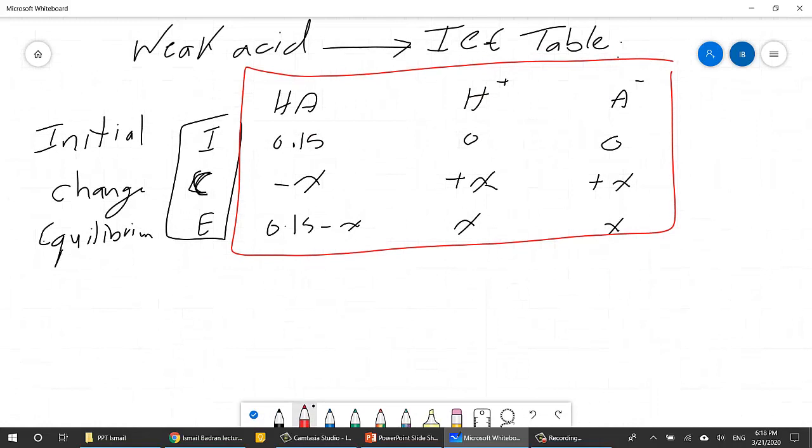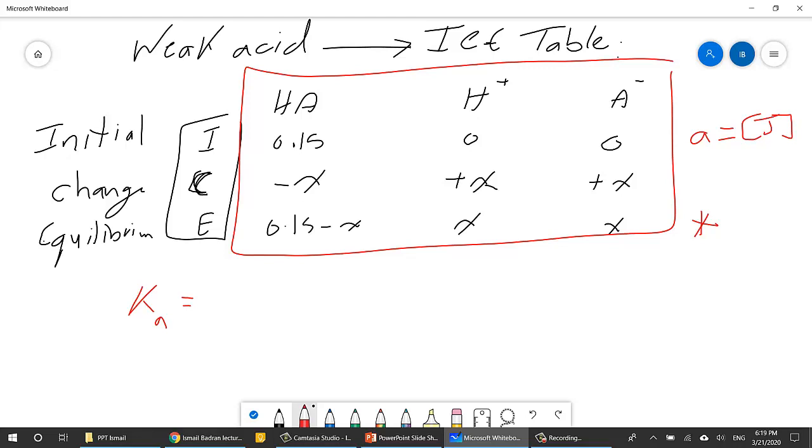Okay, so from the equilibrium line, you can write down your dissociation constant, which is equal to the concentrations or activities of products divided by activities of reactants. In this case, the activity is equal to the concentration because these are all in aqueous solution.